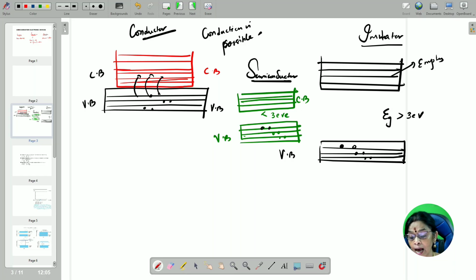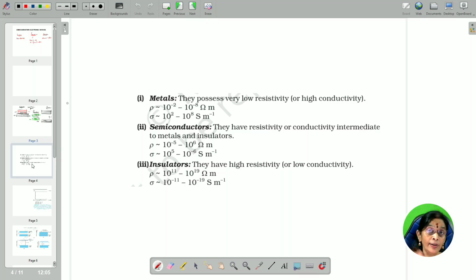So, the basics I have told you about. Now, before going to the enhanced learning of the semiconductor, let us learn about the metals, the resistivity. Metals have very low resistivity, or you can say high conductivity, in the order of 10 power minus 2 to 10 power minus 8 ohm meter.